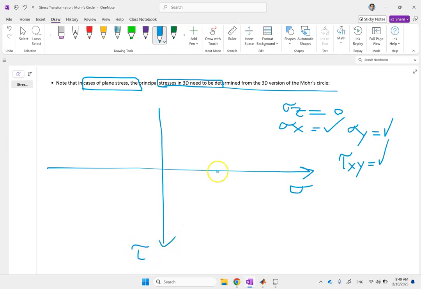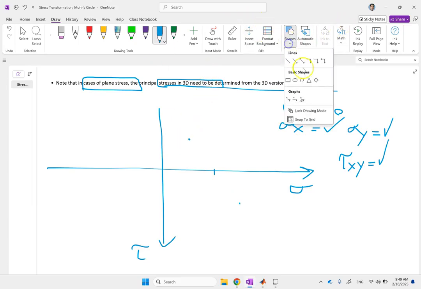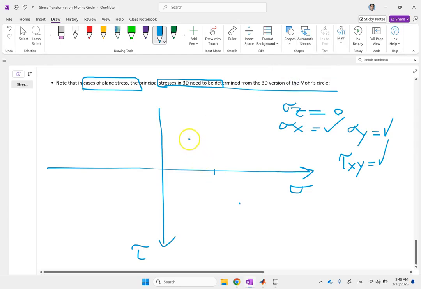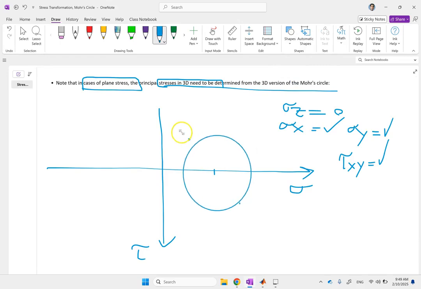So let's say the center of sigma x and sigma y is here, and point A is here, and point B is here. Okay, so in that case, you are, of course, going to get your Mohr circle that I just made for you, something like this.